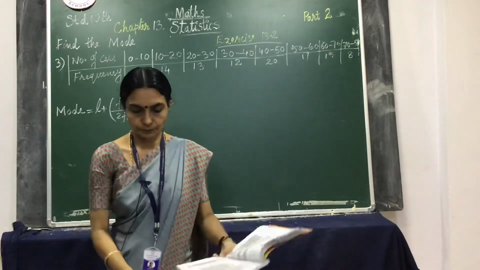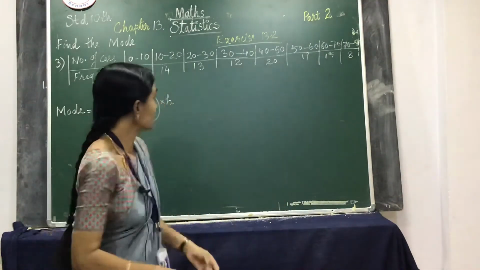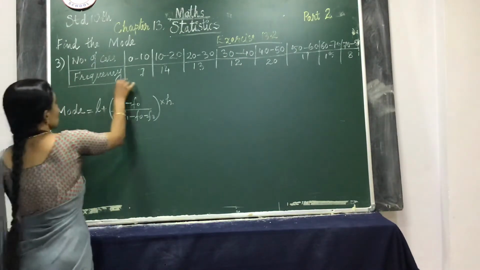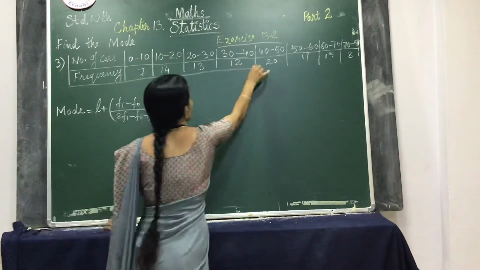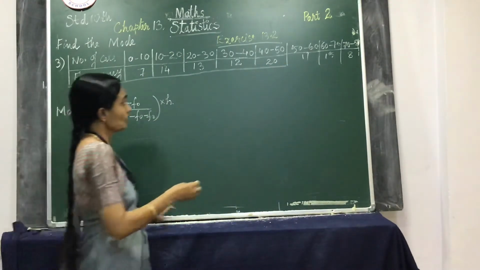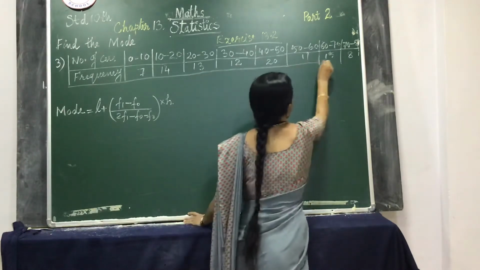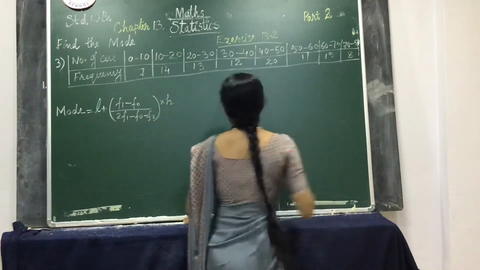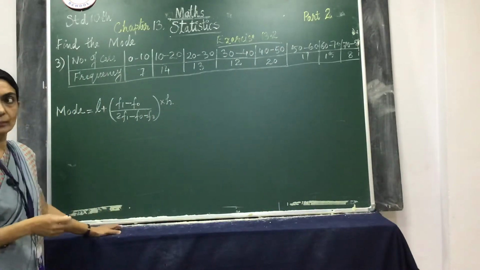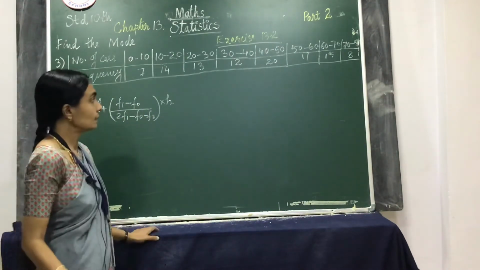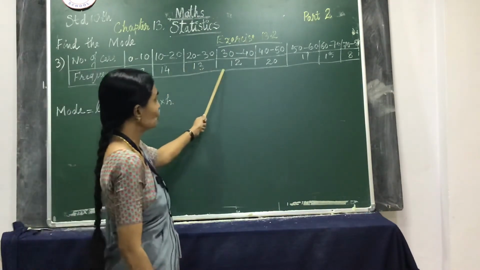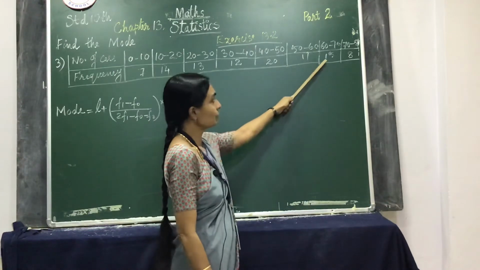Now here the data given are the number of cars passing a spot on the road in 3 minutes. 100 periods are taken, and we have to find the mode of the given data. So we need L, the lower limit of the modal class. The frequencies are 7, 14, 13, 12, 20, 11, 15 and 8.